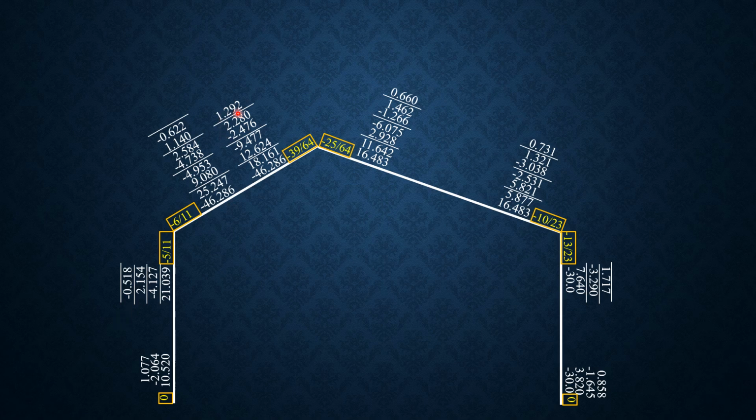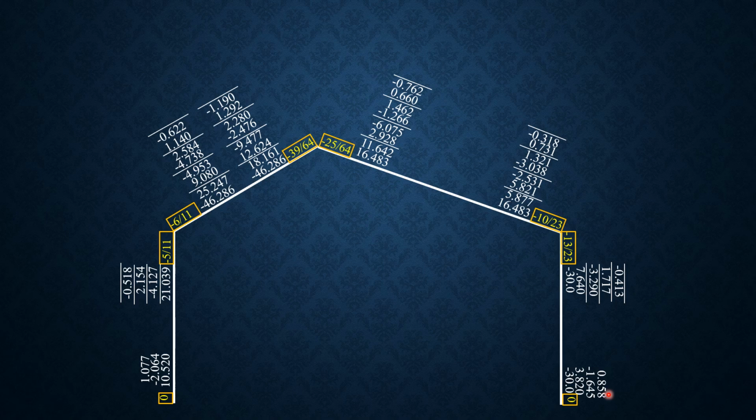Quantity 1.292 plus 0.660 times negative 39 over 64, negative 1.190 lakh. Same quantity times negative 25 over 64, negative 0.762 lakh. 0.731 times negative 10 over 23, negative 0.318 lakh. 0.731 times negative 13 over 23, negative 0.413 lakh.